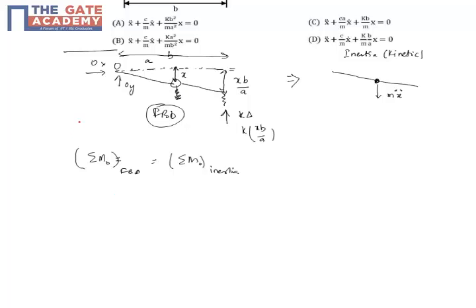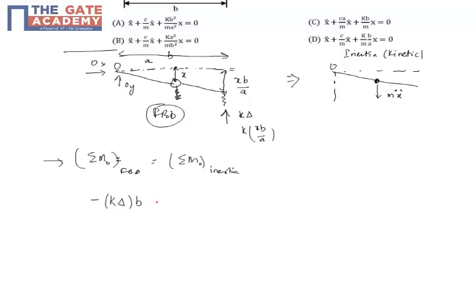So this philosophy is more general: the summation of moments in the free body diagram is equal to the summation of moments in the inertia diagram, where you represent all the inertias. So we take the summation of moments about O. kx is acting in the opposite direction, so minus spring force, k delta, into b is your moment about O, right?